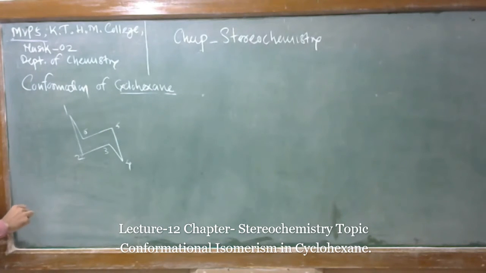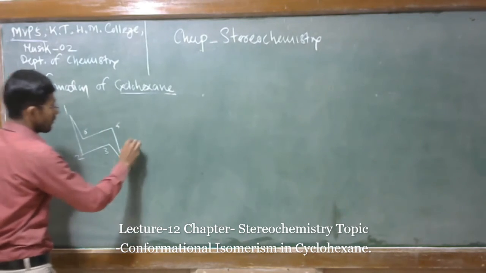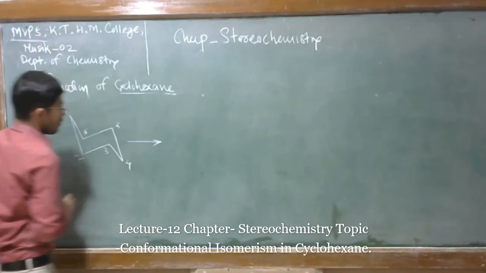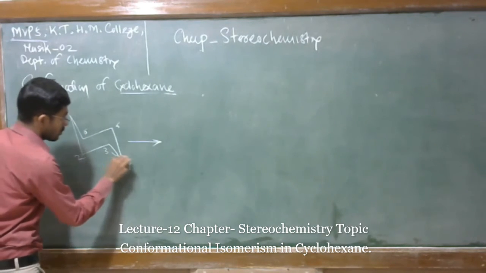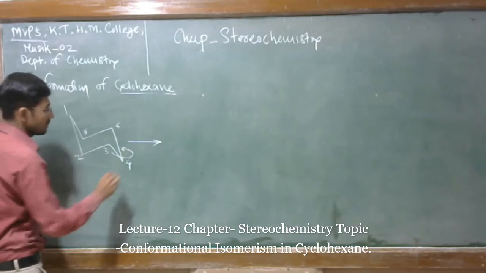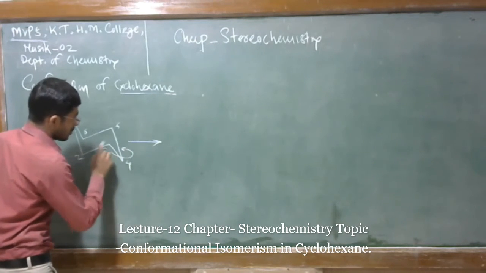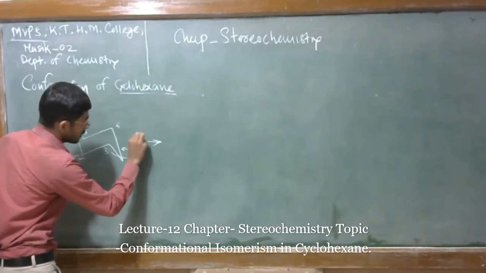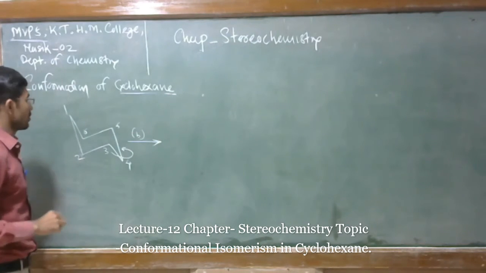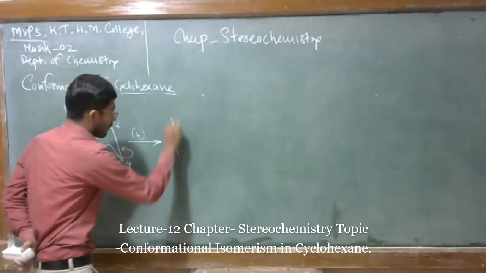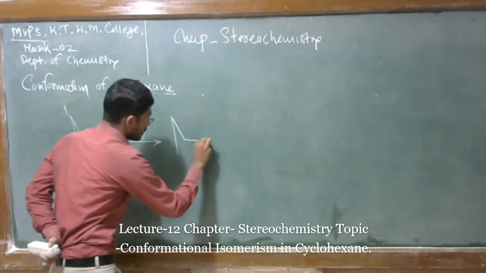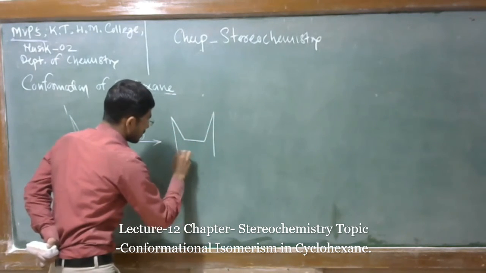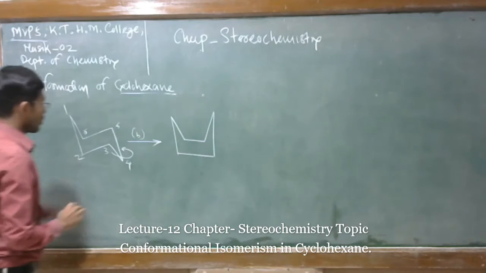Suppose we rotate along the C3 and C4 bond, so we get the boat form.